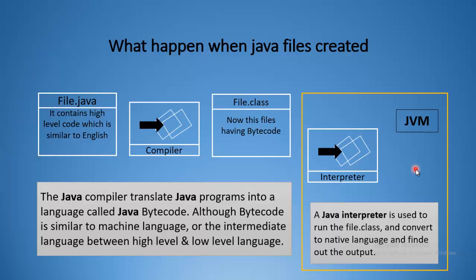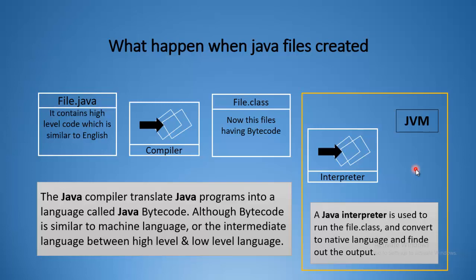When we compile the test.java file, the compiler creates a new file with the .class extension. It contains bytecode.